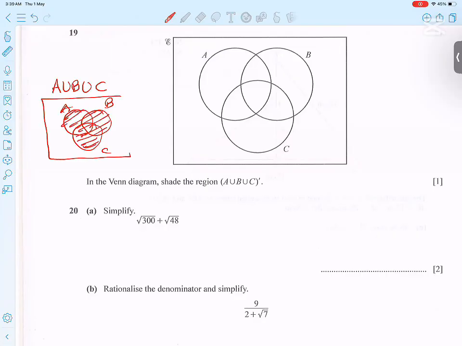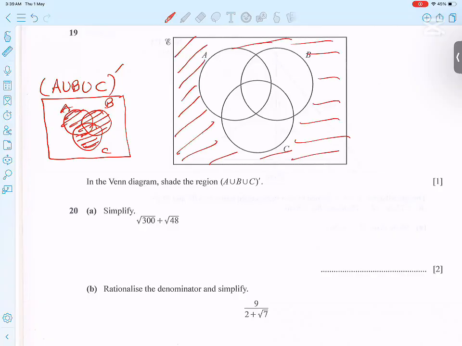This is called A union B union C. But when we're looking for a complement on the top, it means this shaded region we don't need. So I will take all values except this shading. So the answer coming is this. I hope the concept is very clear. And let's go for the next question.